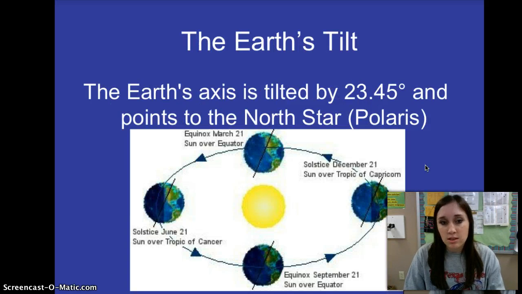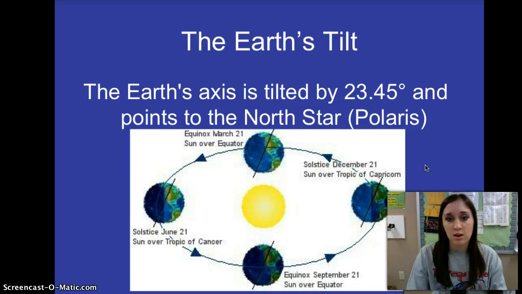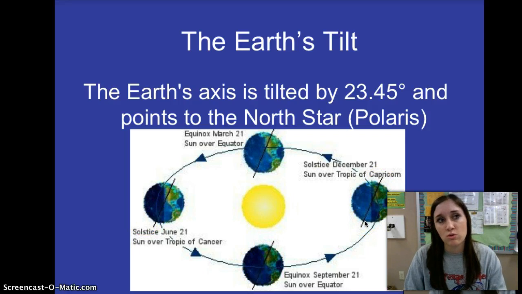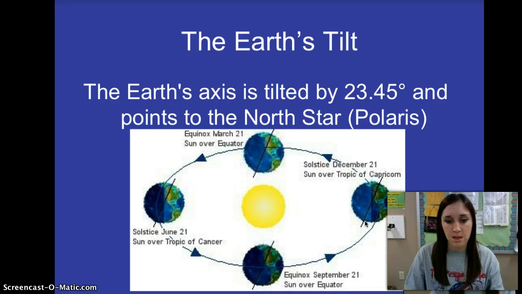So the tilt. Earth's axis is tilted, as I said before, as you can see right here. Here's the imaginary line right here. It is tilted at about 23 degrees, and it always points to the North Star, and the North Star is called Polaris. So whichever way the North Star is, that's the way it's pointed. In some diagrams, as you can see, it's pointed this way.